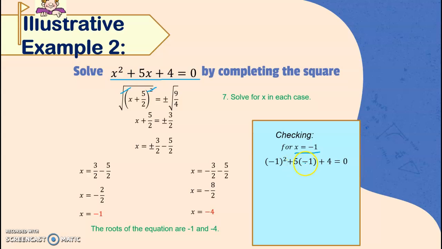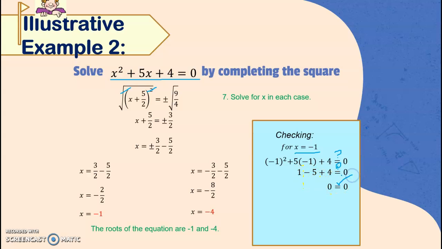Tapos ito magiging negative 5. So, 1 minus 5 plus 4, is it equal to 0? Question mark ito ha. So, 1 minus 5, that's basically negative 4. Plus 4, that's 0.